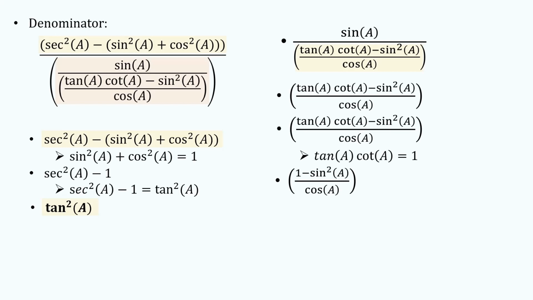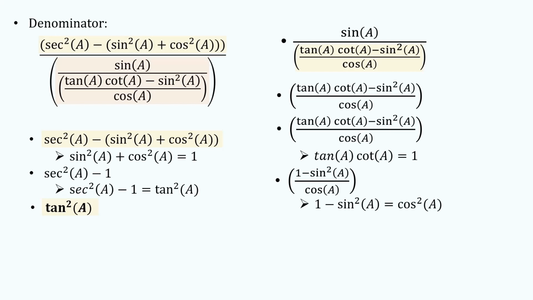Again, the Pythagorean identity of the trigonometric functions: 1 minus the square of sine of A is equal to the square of the cosine of A. It's the same rule as the previous one that we have established, but due to algebraic manipulation, it appears different.